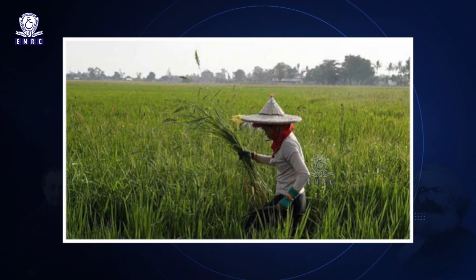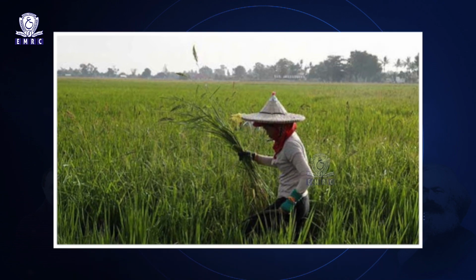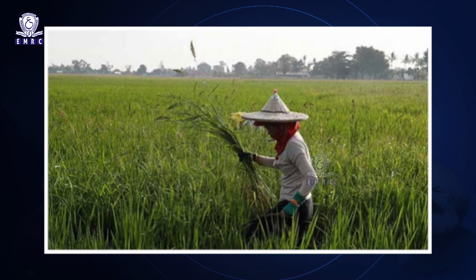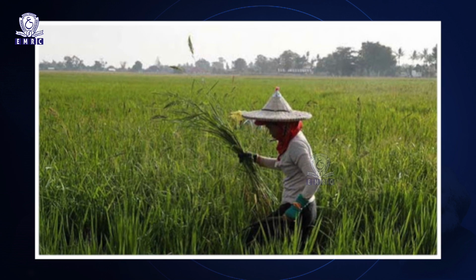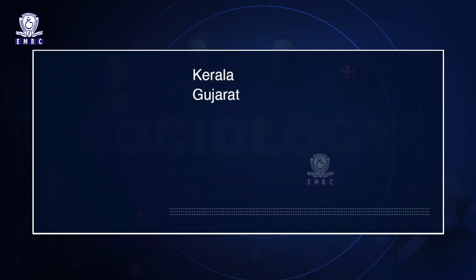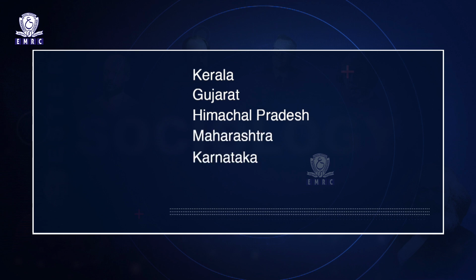Several states also passed laws requiring the landlord to leave a certain minimum area with the tenant as and when he resumes land for personal cultivation. For example, the laws in Kerala, Gujarat, Himachal Pradesh, Maharashtra, Karnataka, Orissa and Tamil Nadu provided that one half of the tenanted land should be left with the tenant.